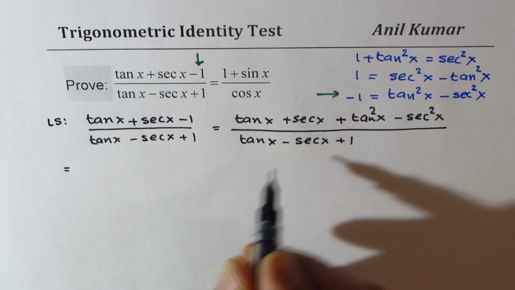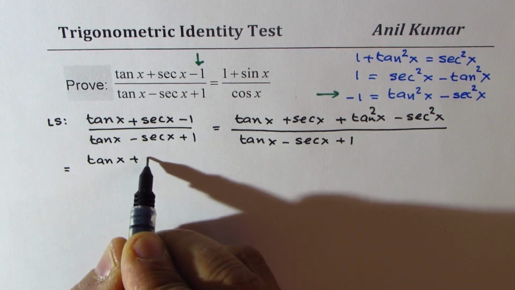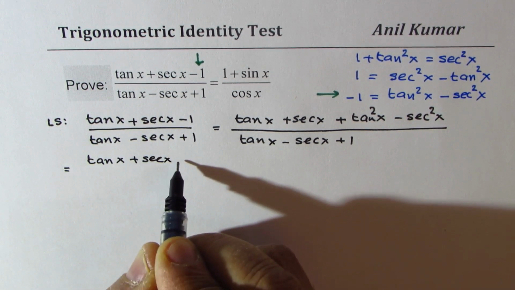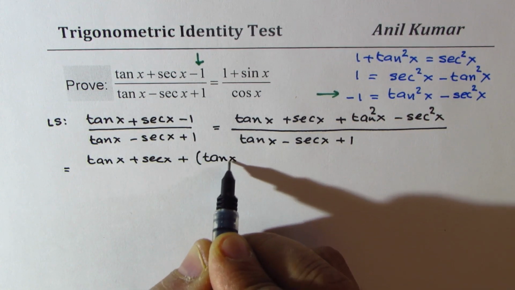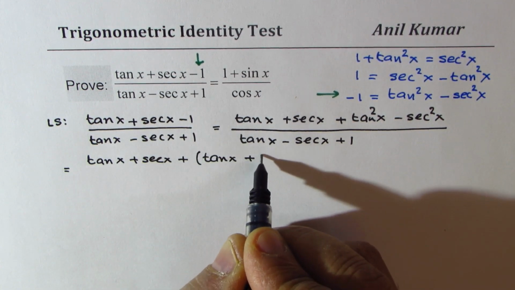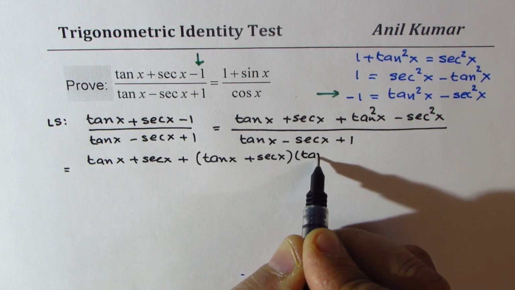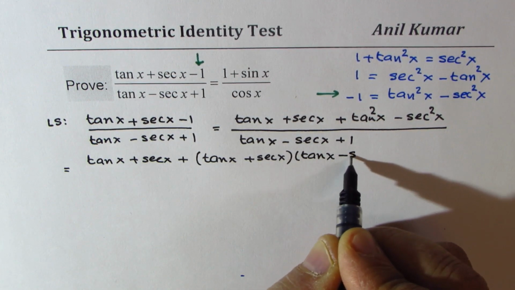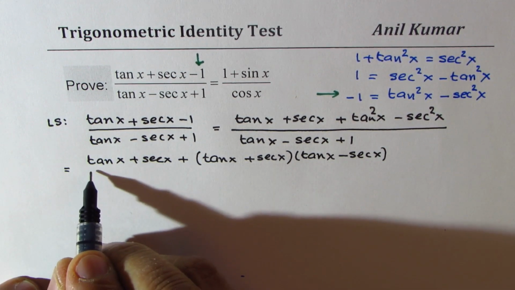Now, tan square x minus secant square x is a difference of squares. So we could further factor this, right? So what we get here in the numerator is tan x plus secant x plus (tan x plus secant x) times (tan x minus secant x). Is that clear? So we use difference of squares here.